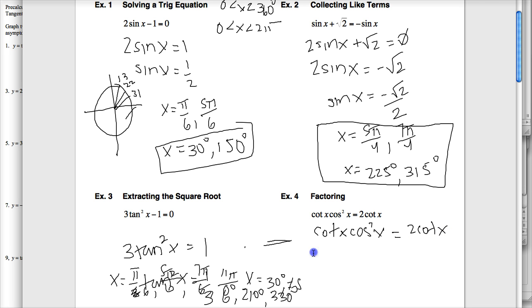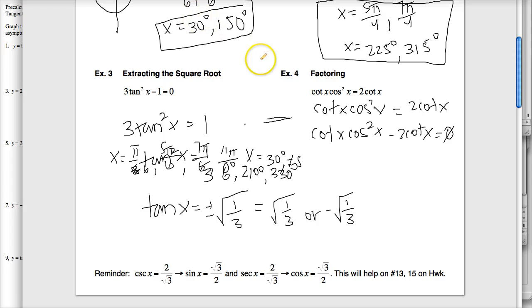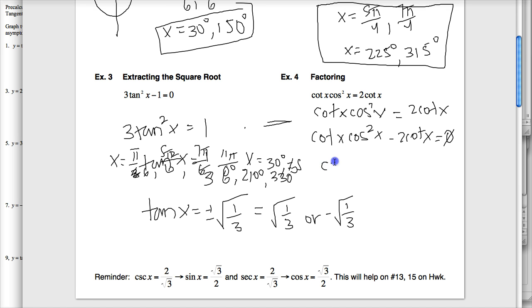And what I'll do is subtract that 2 cotangent x from both sides. And then that'll equal 0 since I did it to both sides. Now, let me just scroll down real quick. You notice now that I have a cotangent in this term and a cotangent in this term. What I'm going to do is factor out that cotangent.